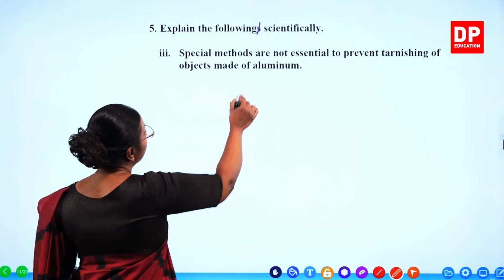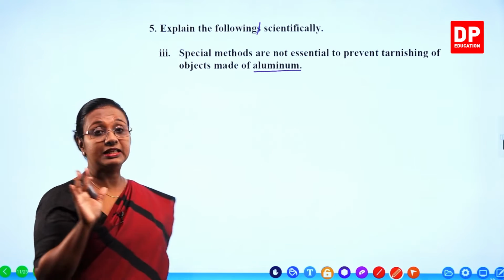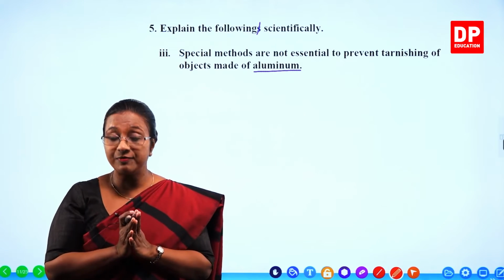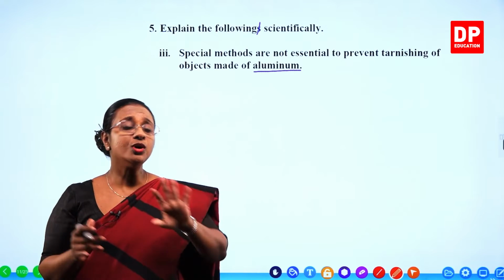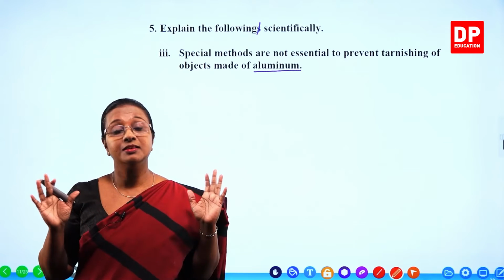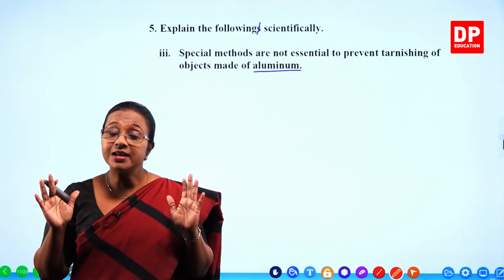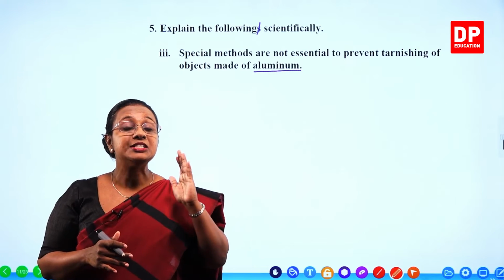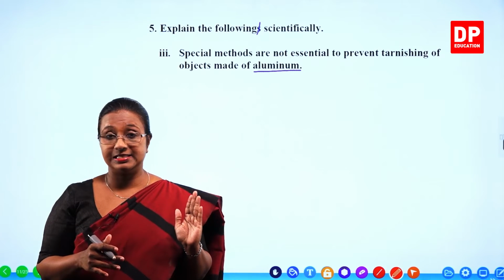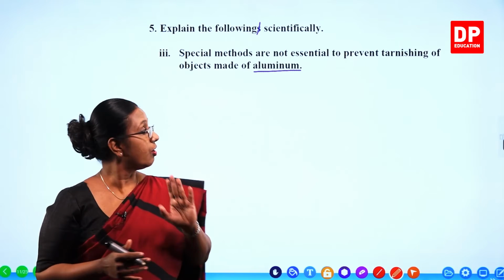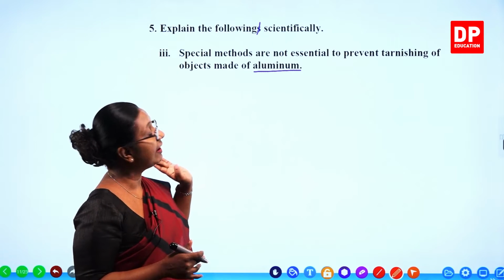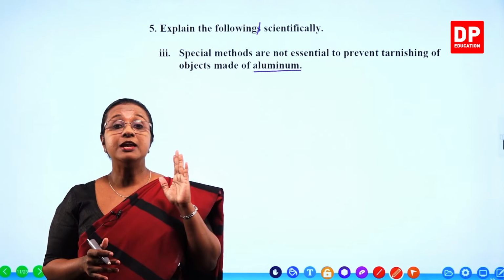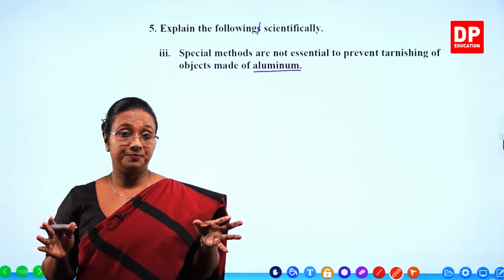Now here we consider the metal aluminium. At home, in the households, you have seen many objects made of aluminium. That is also a whitish color, silvery shiny metal. It has a nice shine. If you keep it for a very long period, the shine can be lost to a certain extent. So although the question says we don't need to prevent tarnishing, you can see a certain amount of tarnishing of aluminium if only pure aluminium is taken.